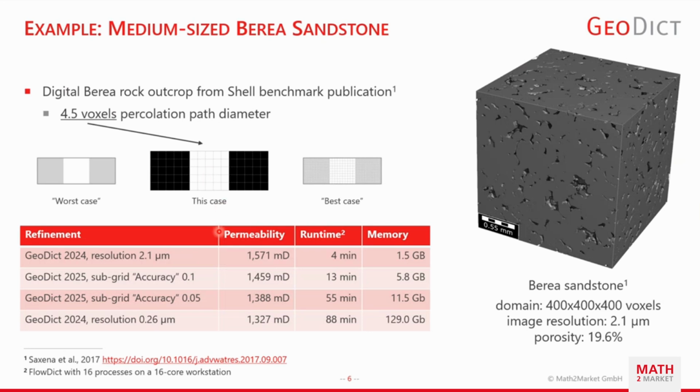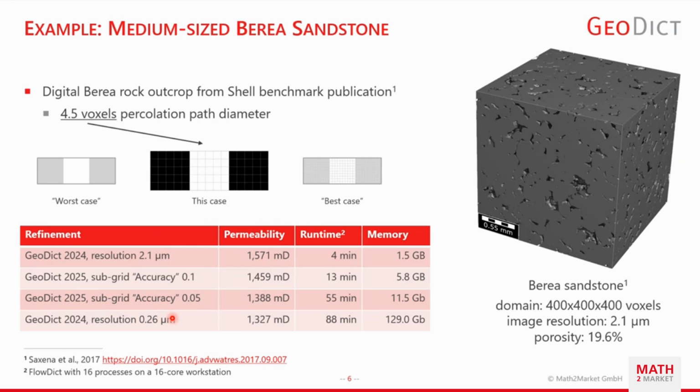And with that said, also the effect on permeability computed is not as drastic as being 200% over prediction. However, it's around 15%, we could say. So if we consider only the direct computation of permeability without any grid refinement and sub-voxel resolution, permeability predicted was around 1.5 darcies or 1500 millidarcies.